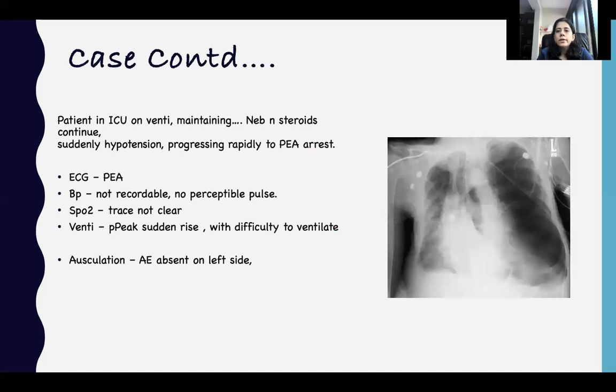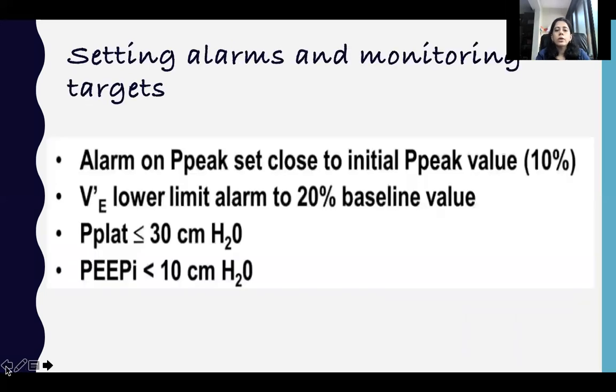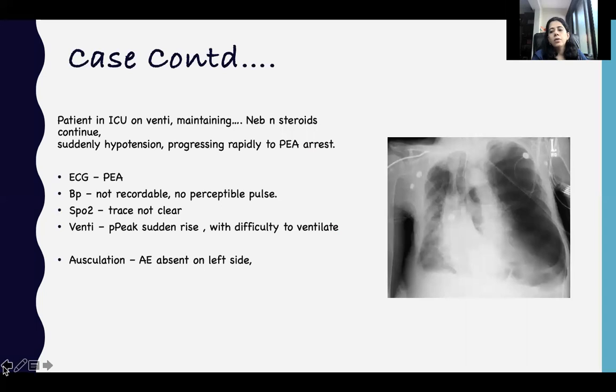The ventilator shows a sudden rise in the P peak with difficulty ventilating, and on auscultation there is no air entry, only on the left side. So this patient has developed a tension pneumothorax, which is the cause of the arrest or the PEA rhythm. Doing a quick needle thoracostomy and inserting an ICD would be life-saving.